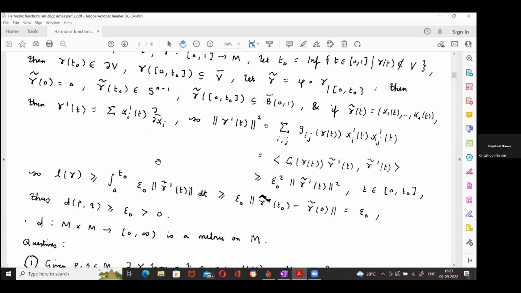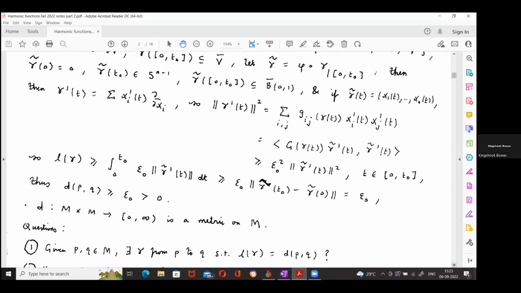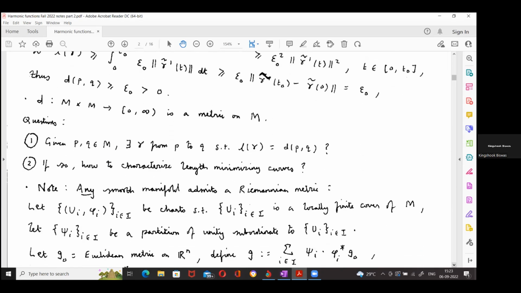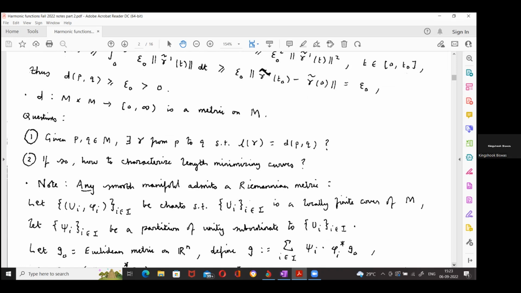Okay, so any Riemannian manifold becomes a metric space, where the distance between two points is the infimum of the lengths of piecewise C1 curves joining the two points. So now our manifold has become a metric space. Now there are two natural questions.